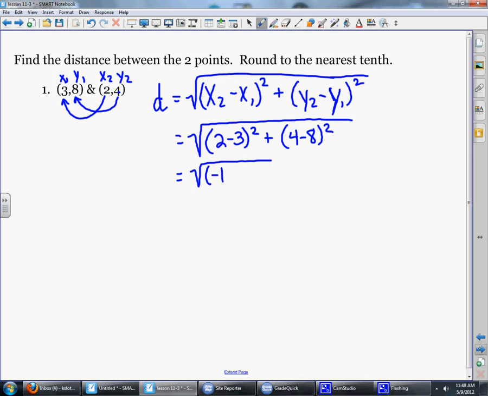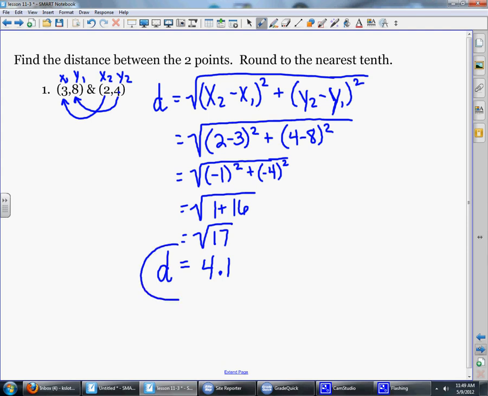So we have negative 1 squared plus negative 4 squared, which is equal to 1 plus 16, which is the square root of 17, and the square root of 17 is 4.1. So the distance between those 2 points above is 4.1 units.